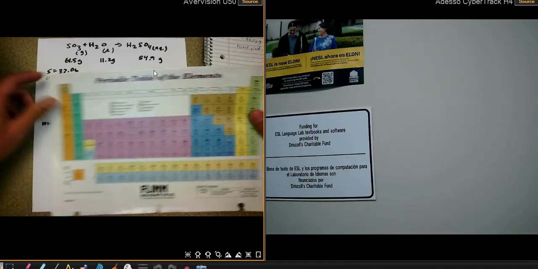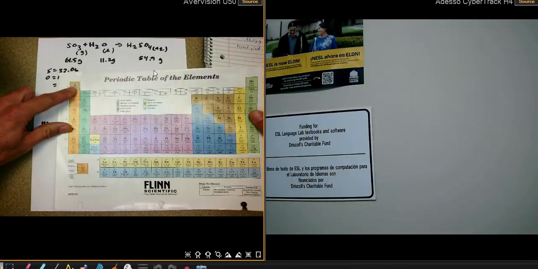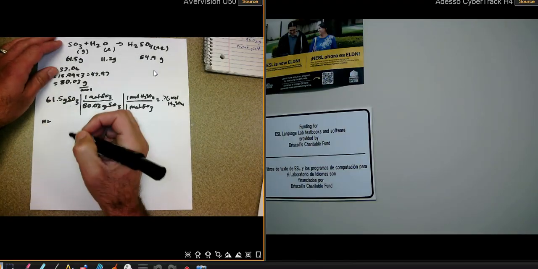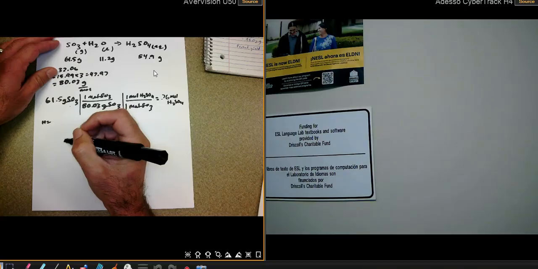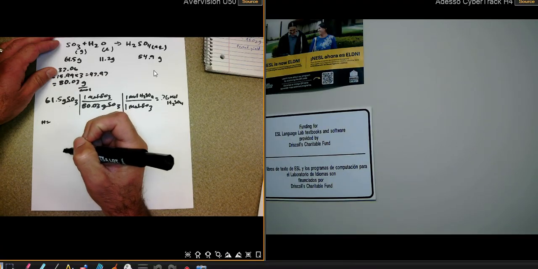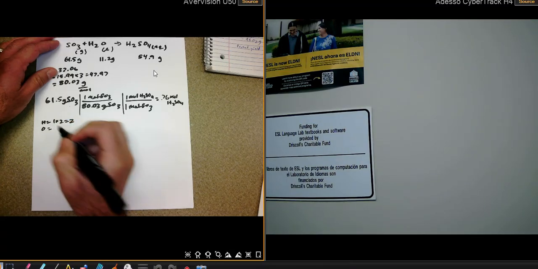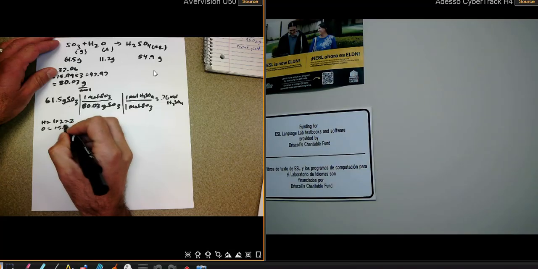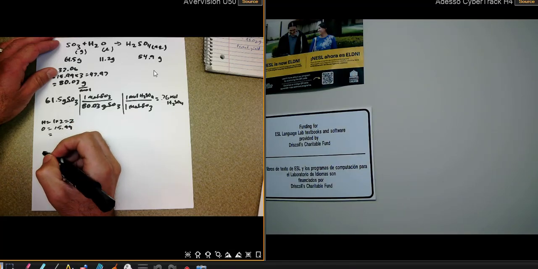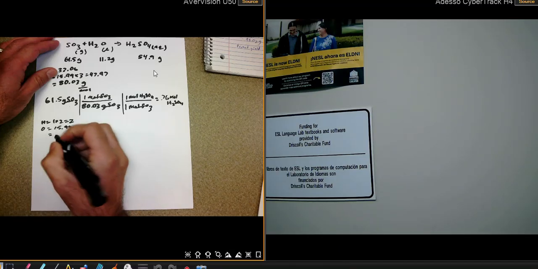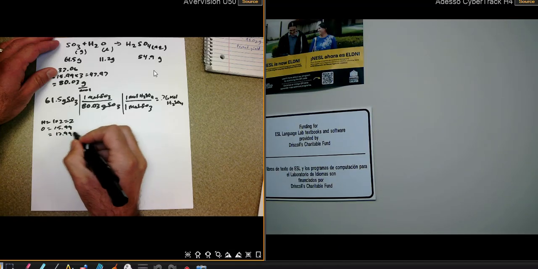Water is H is 1, H2, 2 of those, oxygen 15.99. So 17.99 grams per mole.